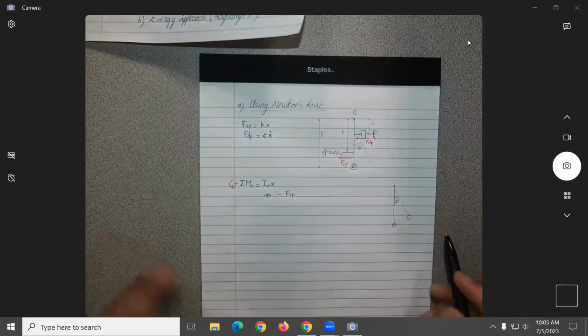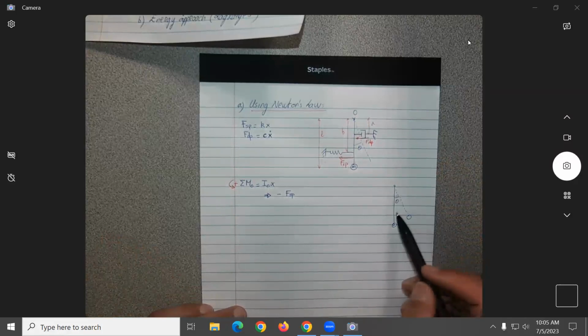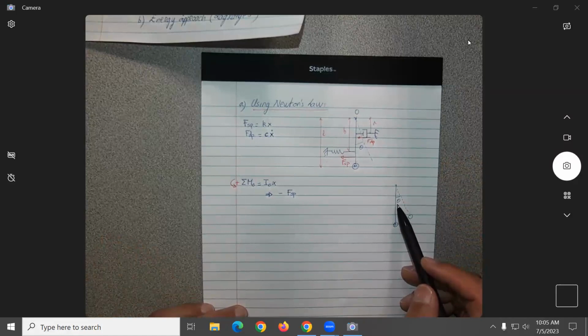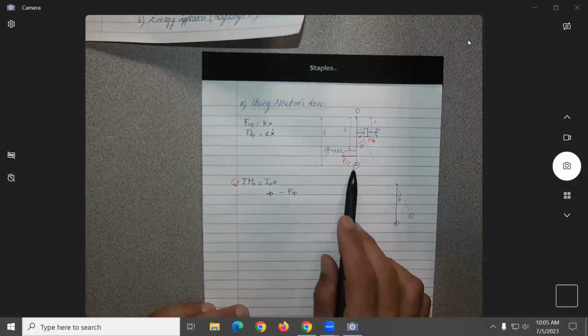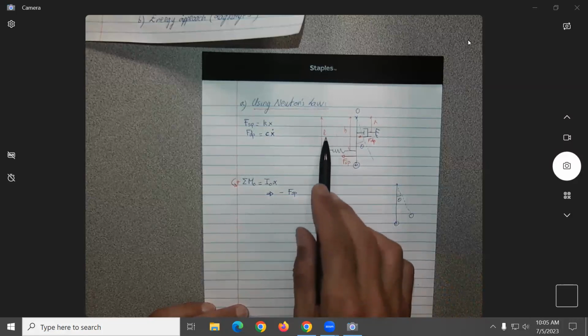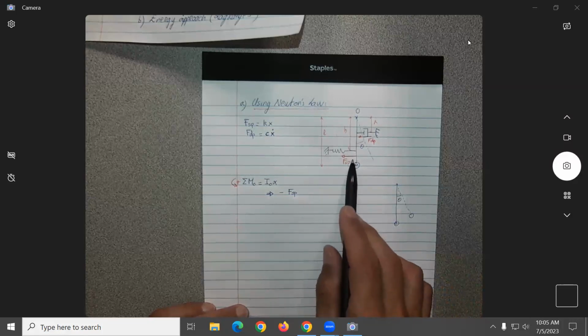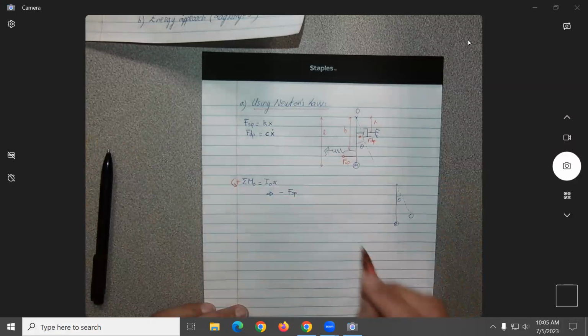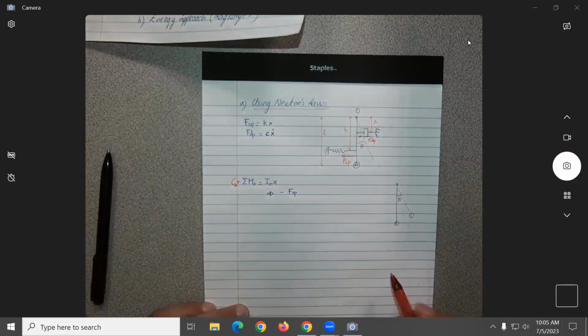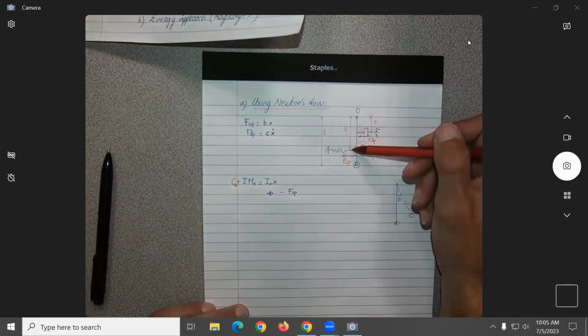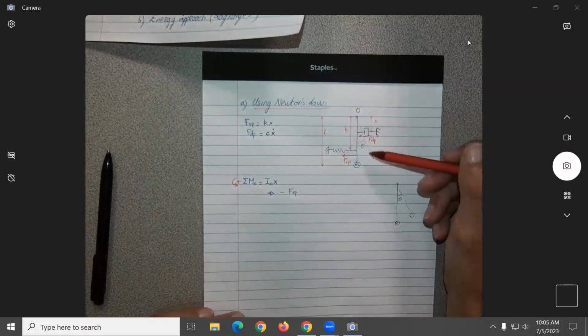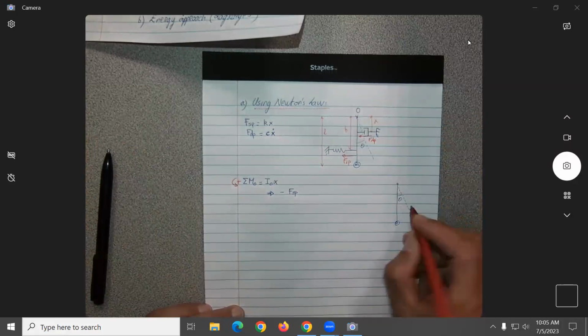So what we're trying to find is the equation as a function of theta. If theta is equal to 0, then the value of this moment will be minus F spring times, I didn't put it here, but it should be B, no? The spring is at B. But if there is a theta, how does this height change?